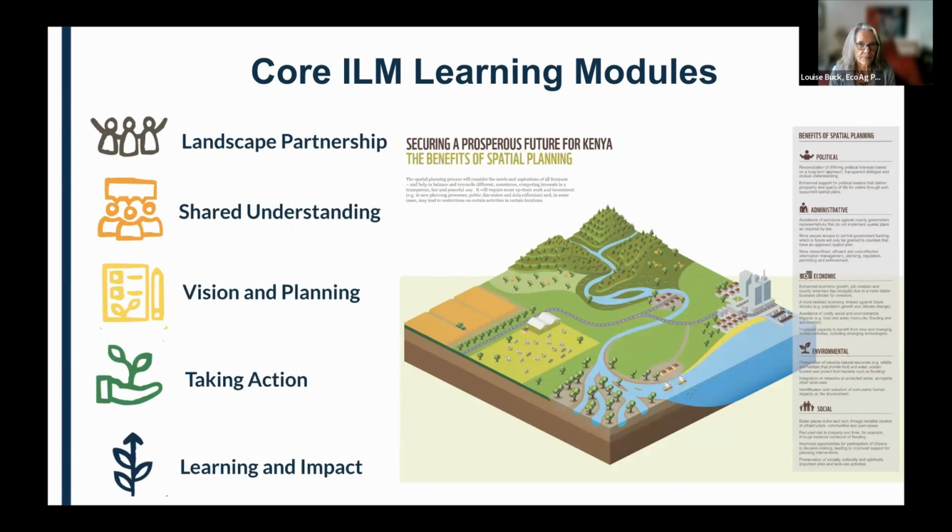And a key characteristic of the modules that we're developing is they're all spatially oriented. In other words, we're trying to help landscape partnerships become familiar with the use of maps and other spatial planning and management tools, recognizing the importance of location in doing integrated landscape management well. Next, please.